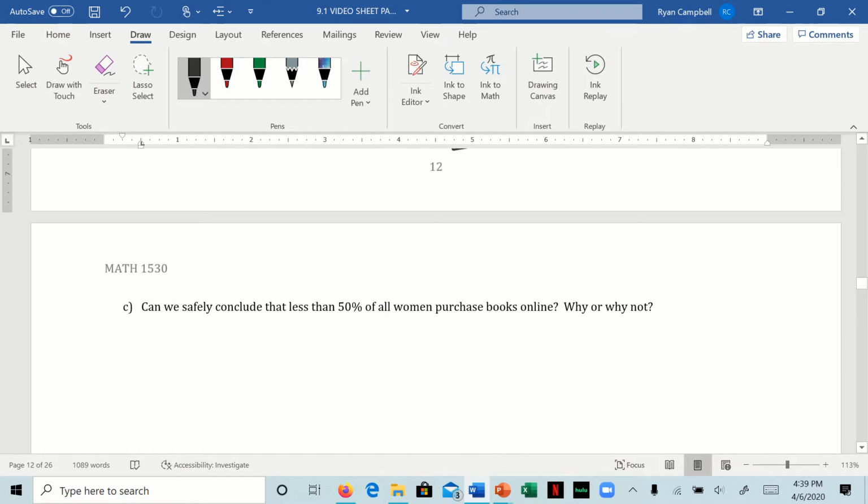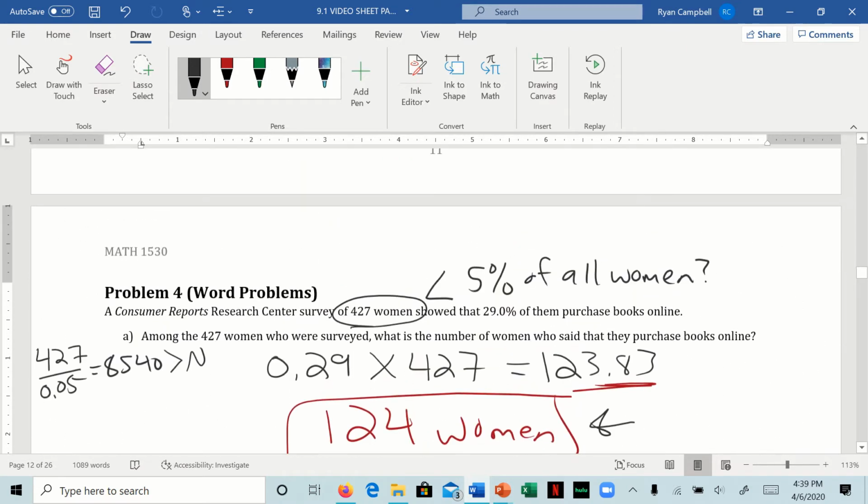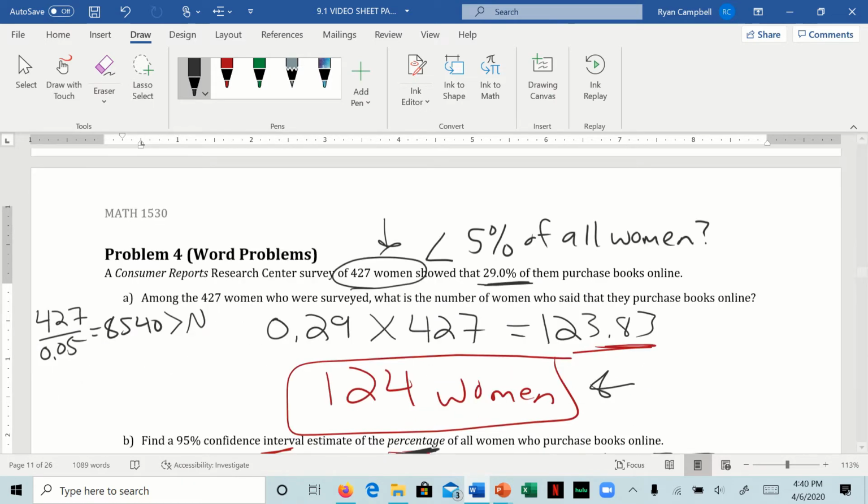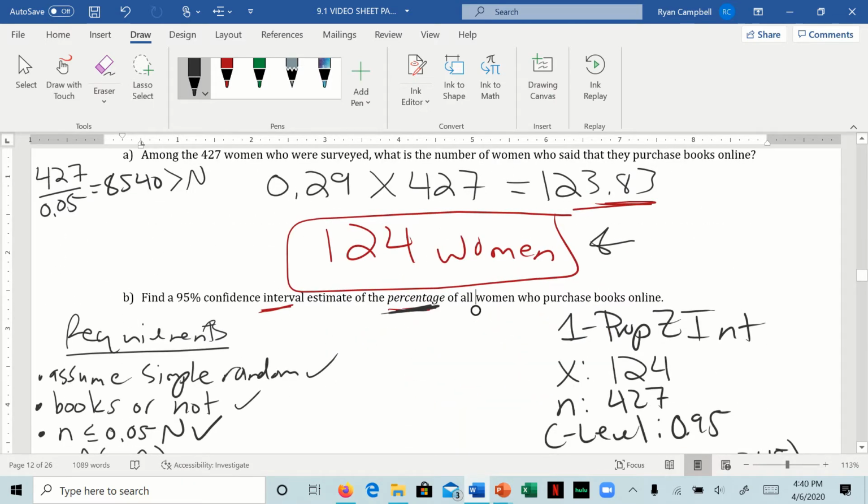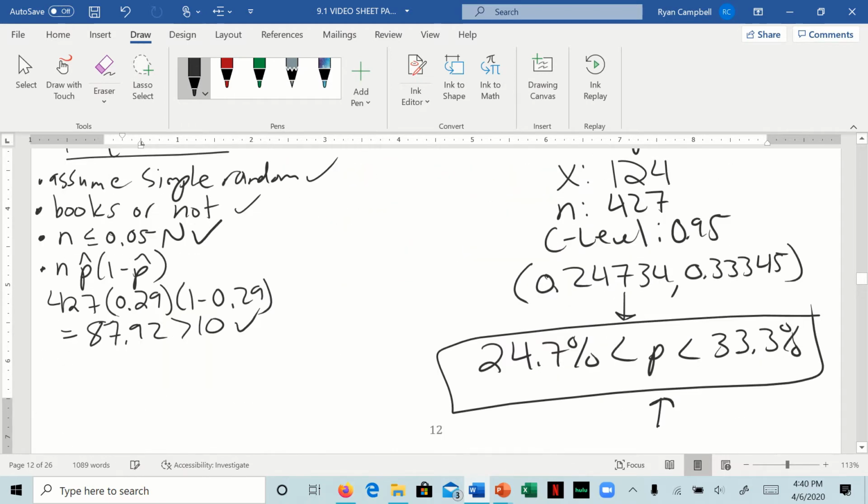So, can we safely conclude that less than 50% of all women purchase books online? Again, remember it's all women, so we can't look at this number. This is just of our sample of women. We need to look at all women. Because of that, we need to look at our confidence interval.